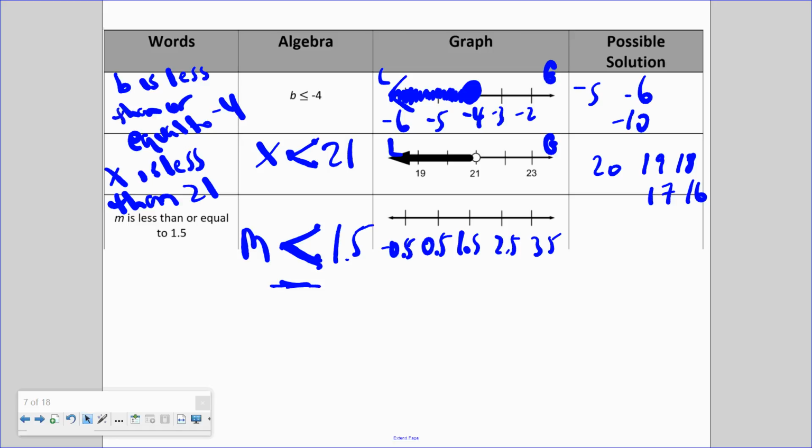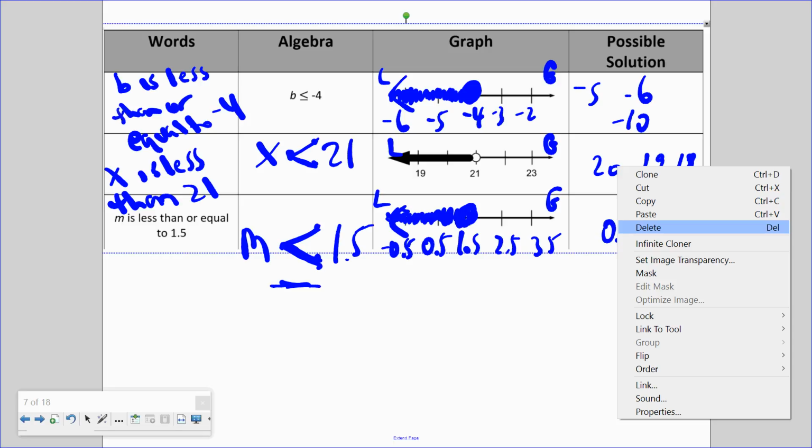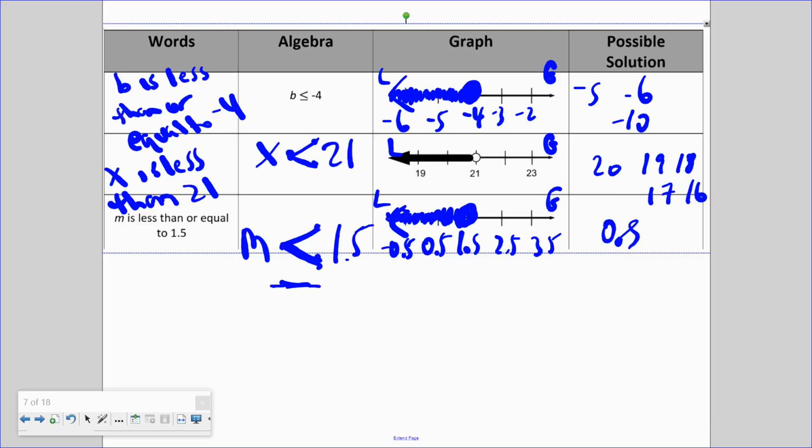So less than, so least to greatest. So all these are least to greatest. And equal to, so closed dot. And so 0 and 5 tenths is less than.